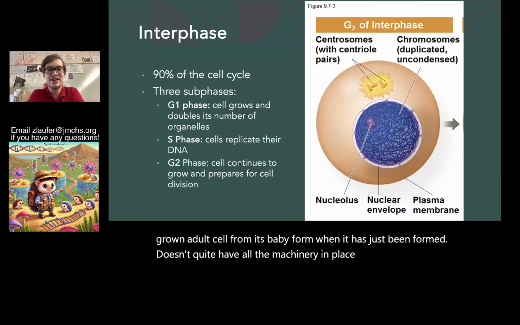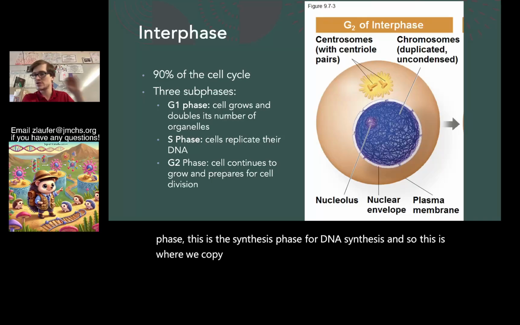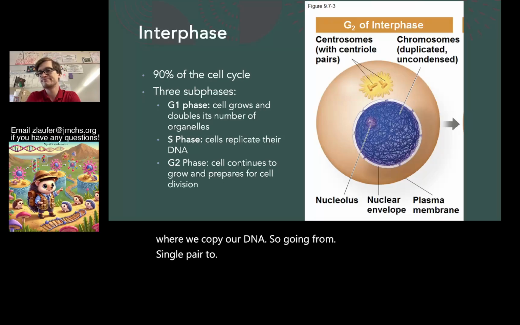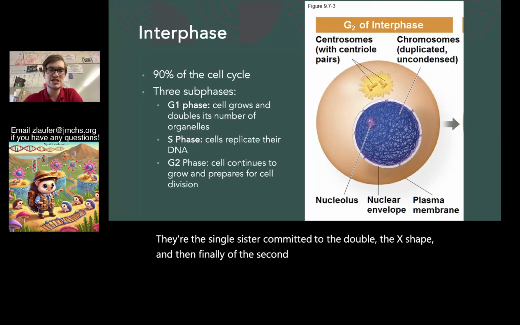And then in S phase, this is the synthesis phase for DNA synthesis. And so this is where we copy our DNA, going from the single sister chromatid to the double, the X shape. And then finally we have the second growth phase, which is G2.